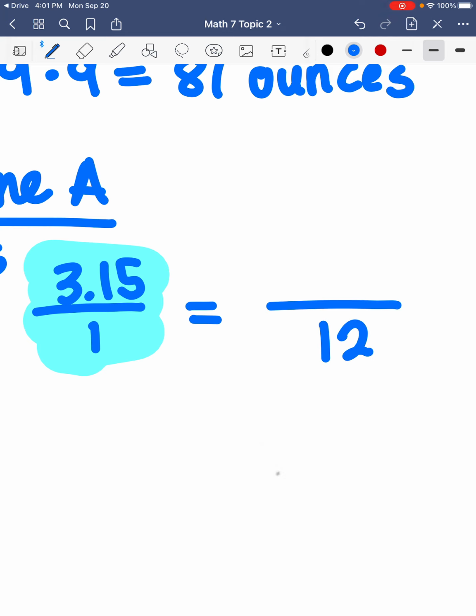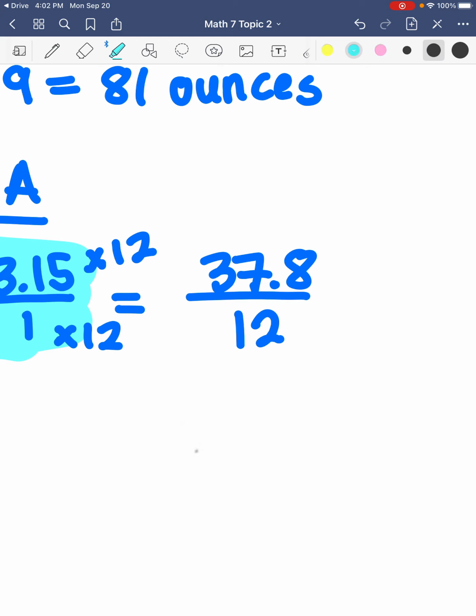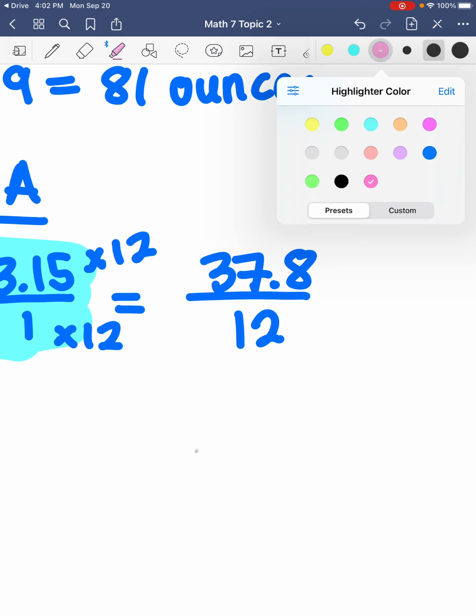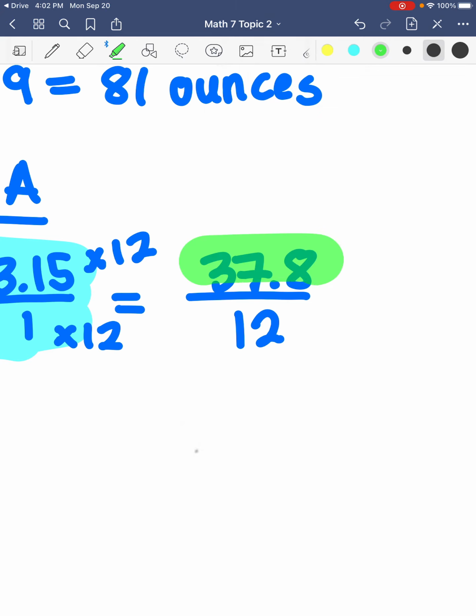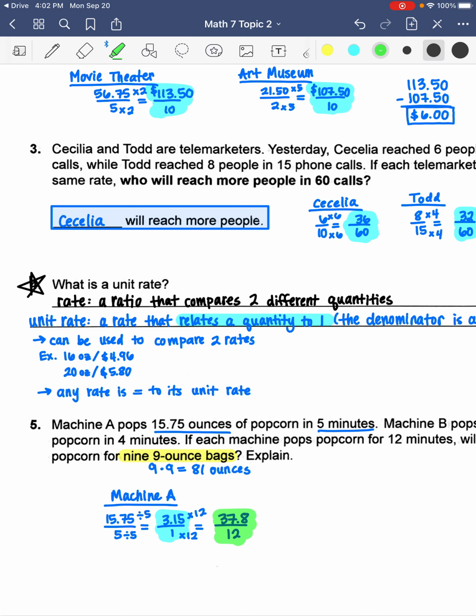So how do I go from 1 to 12? Well, I simply multiply times 12. So I'm going to do that on the top and bottom. So in my calculator, I type 3.15 times 12, and I get 37.8. So that right there is really, really important. We know that in 12 minutes, machine A pops 37.8 ounces of popcorn.